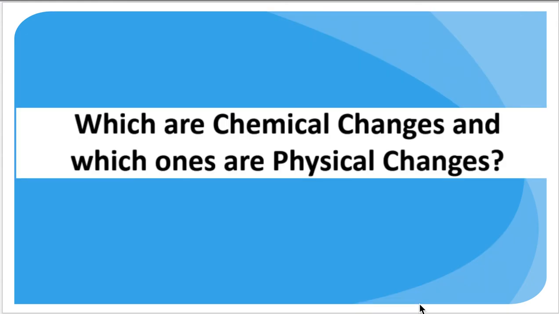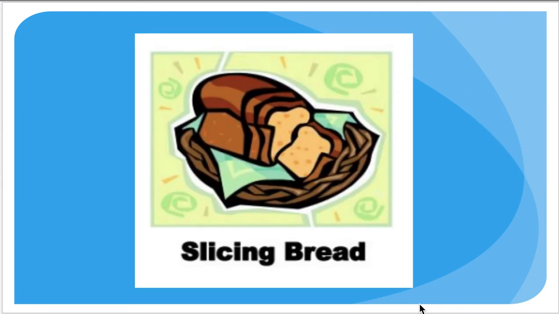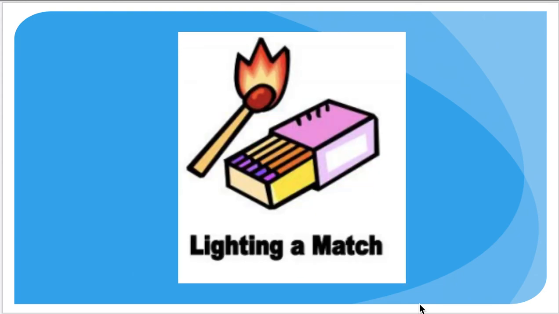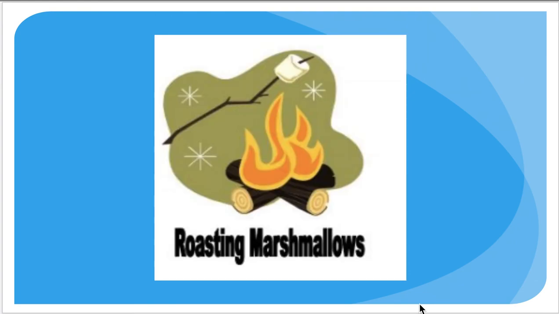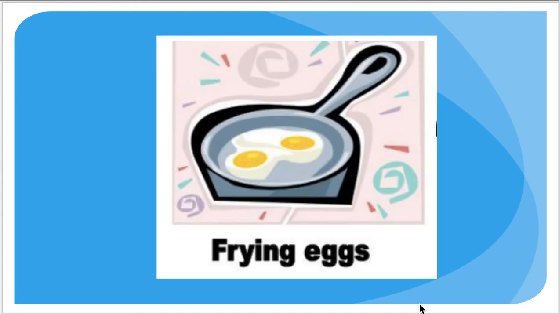So we're going to look at these and we're going to say, is this chemical or physical? Slicing bread. That would be physical, still bread. Lighting a match. I see that fire. That helps me know chemical. Roasting marshmallows. Again, chemical. I cannot reverse that. We're heating it up. Frying eggs.